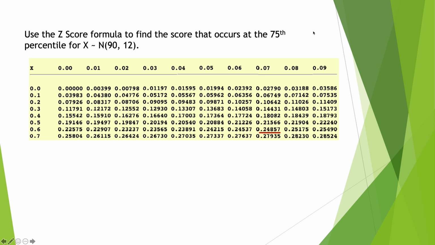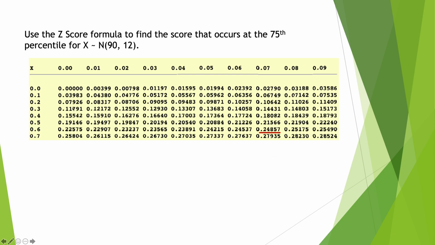So if you're at the 75th percentile, what you are is 25% above the mid-range. See, the tables don't go up to 1.000 or 100%. It'll go from 0 to 50%, and then you add the 50% for the left-hand half of the graph. So the closest you're going to get to 0.25 is 0.2587.